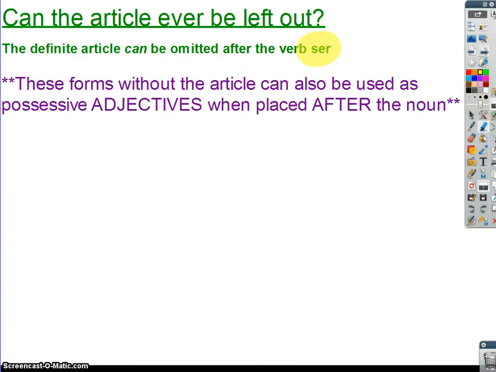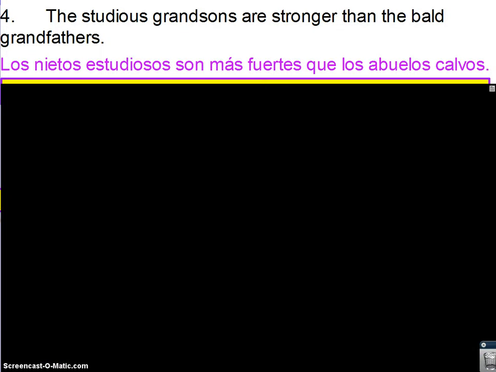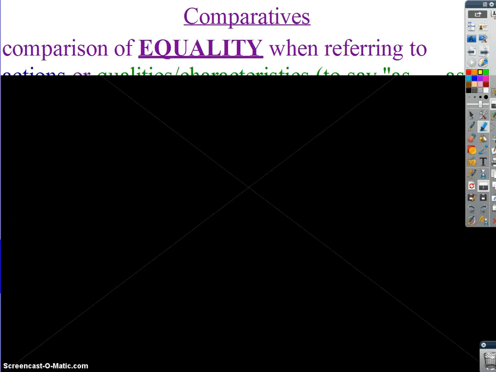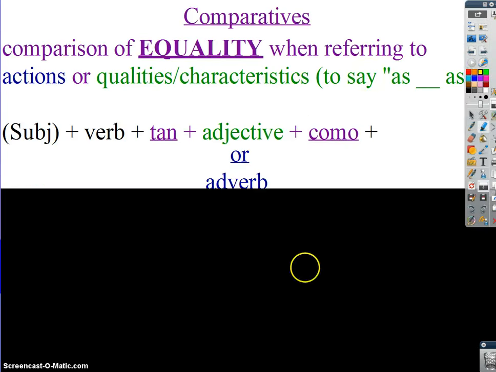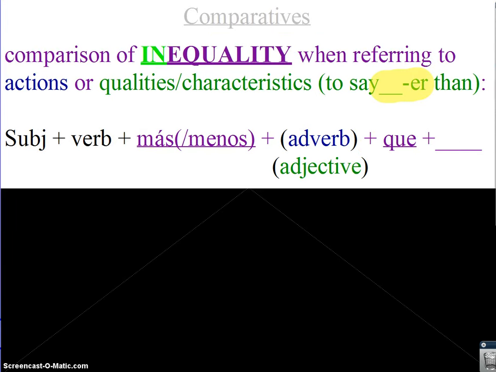I'm going to go ahead and talk about 4, 5, 6, and 7. They all deal with comparatives, making comparisons. The studious grandsons are stronger than. If you remember from your comparative notes, there is no way to say blanker in Spanish. You have to say more or less blank than.